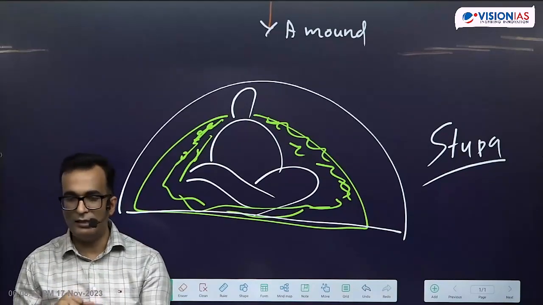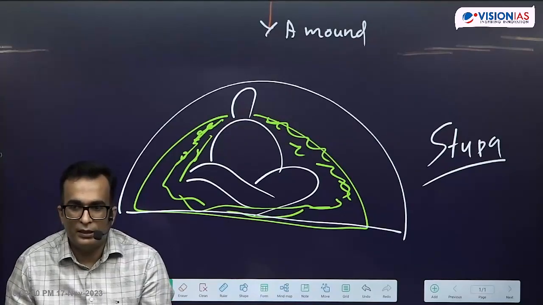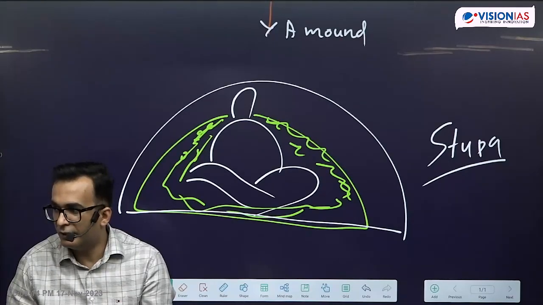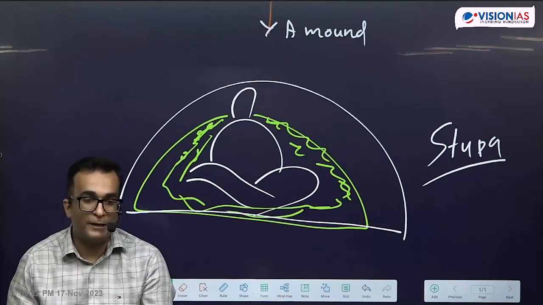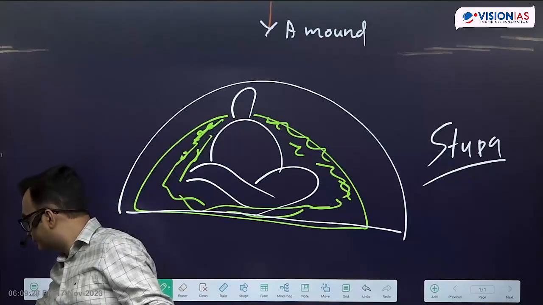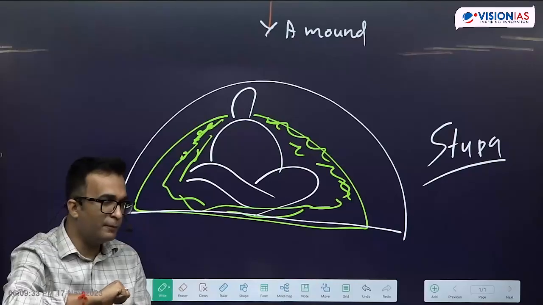And when his death happened, his followers also created stupa on his cremated body. Done.